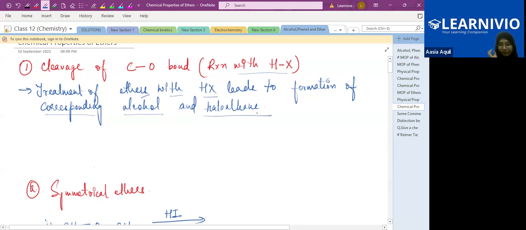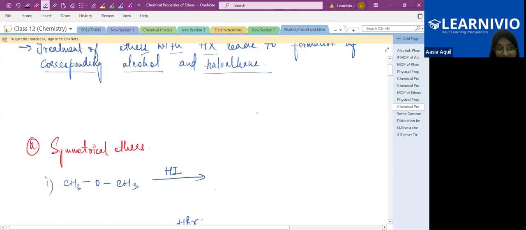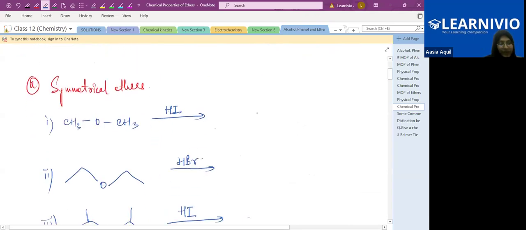So when you treat the ether with a halogen acid, HCl or HBr, you will get the corresponding alcohol plus the haloalkane. Now again, we will talk about the symmetrical type of ether and the unsymmetrical type of ether. It depends on the cleavage of the C-O bond. First one is your symmetrical ethers.